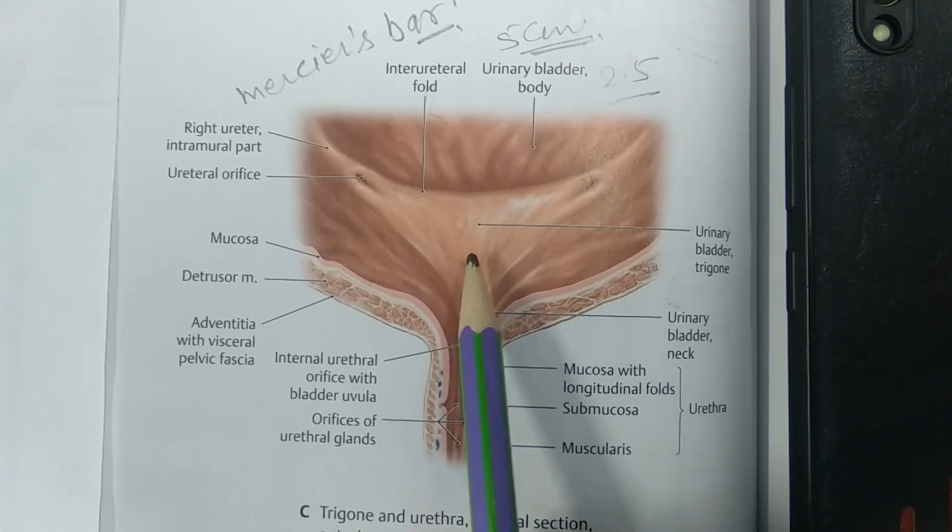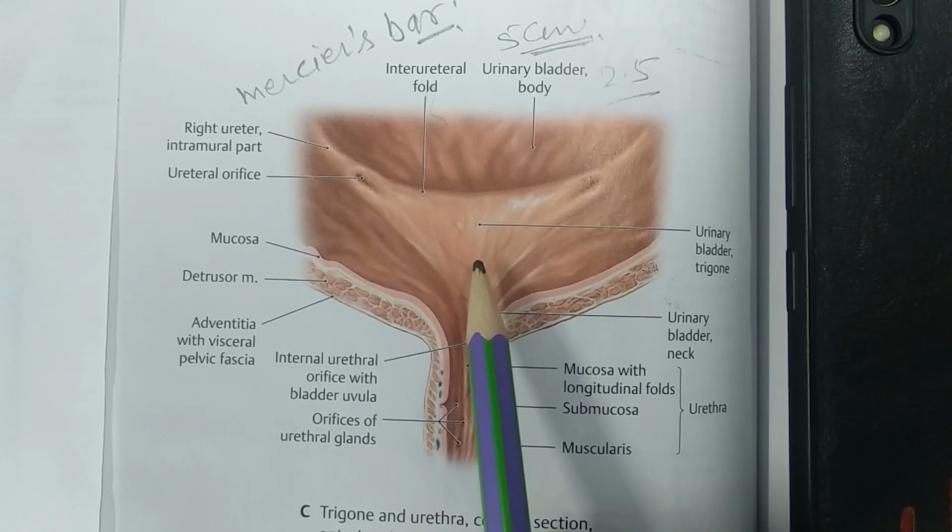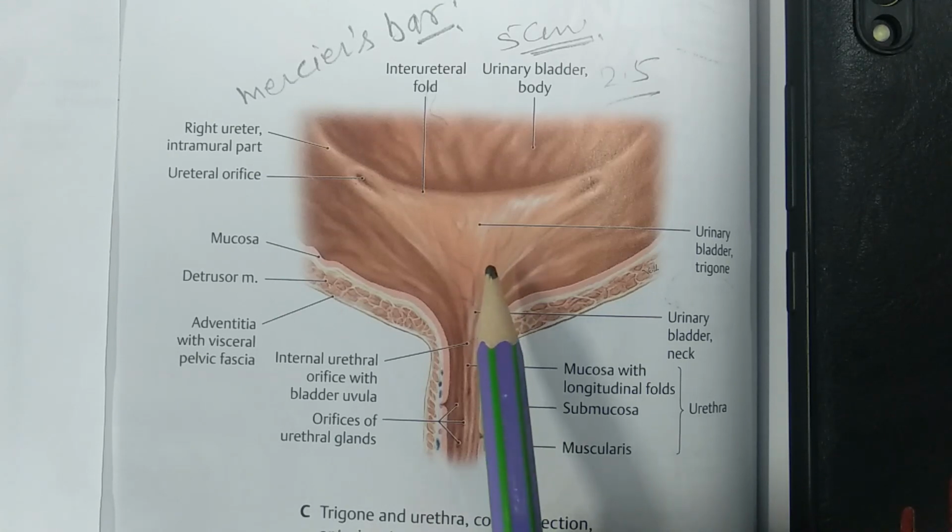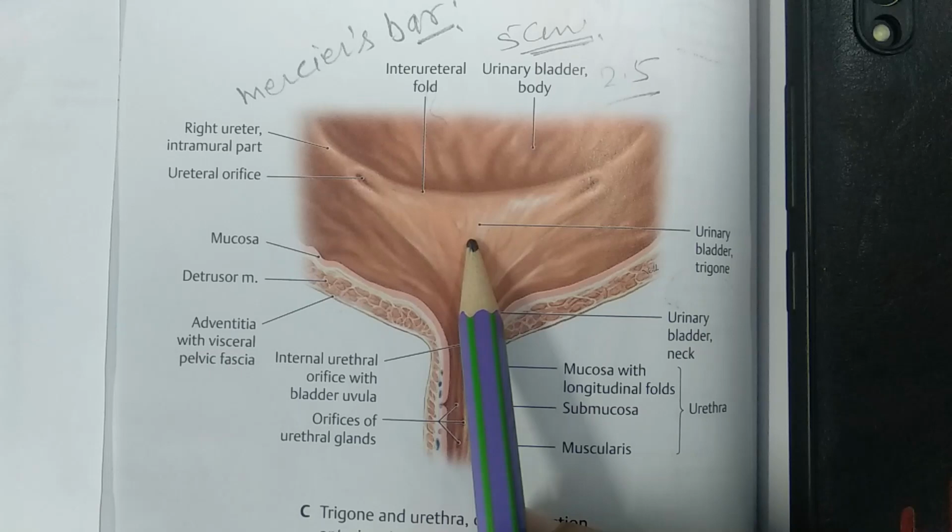Second is the trigonal muscle of Bell, that replaces the submucous coat, and it is tightly adhered to the mucous membrane over here.